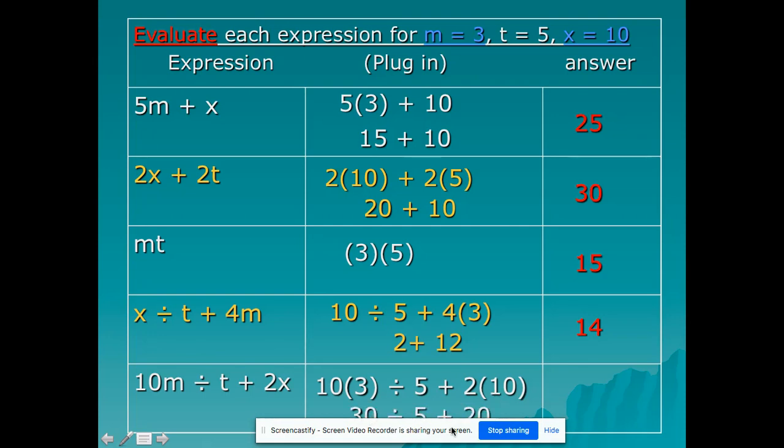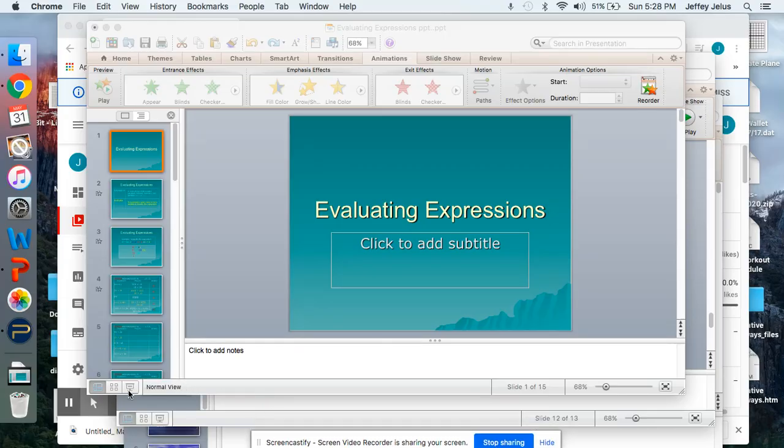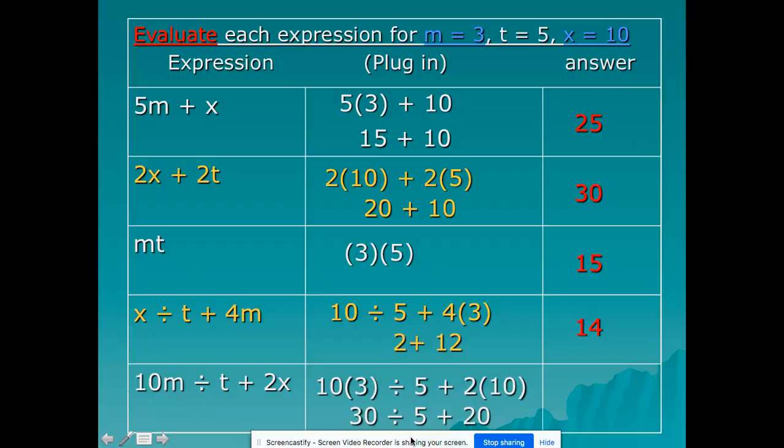I know this is a little bit challenging. So we have 30, and we have to do our division. 30 divided by 5 is 6. 6 plus 20 would be 26. And there we go. That's how you do evaluating expressions.